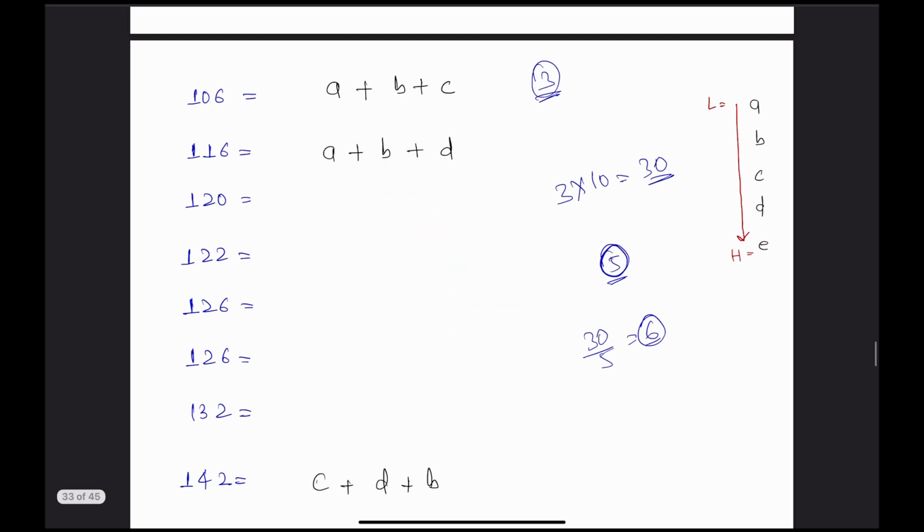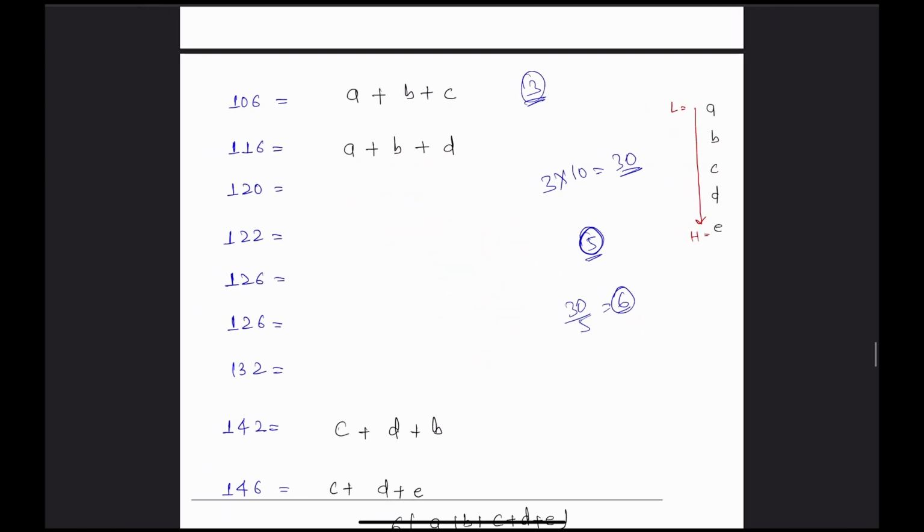I suppose I should do it again. 46 plus 42 is 88. 88 plus 2 is 90. 90 plus 30 is 120. 120 plus 26 into 2, 52. So 120 plus 2 is 122.